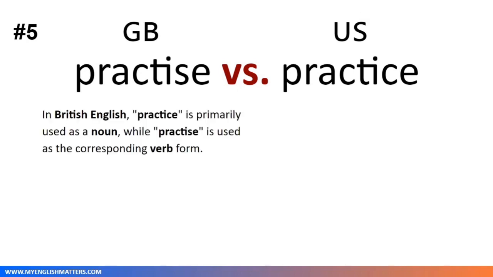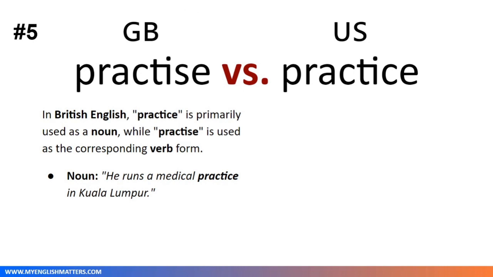However, in British English, practice with a C is primarily used as a noun, while practise with an S is used as the corresponding verb form. That's right, that's why it's slightly confusing. So, for example, he runs a medical practice in Kuala Lumpur.